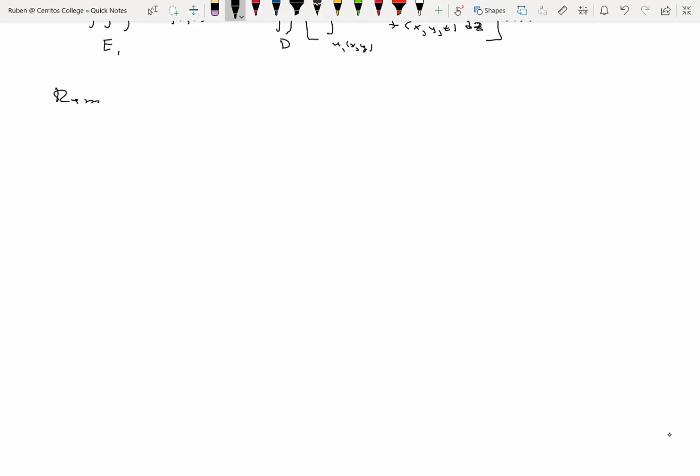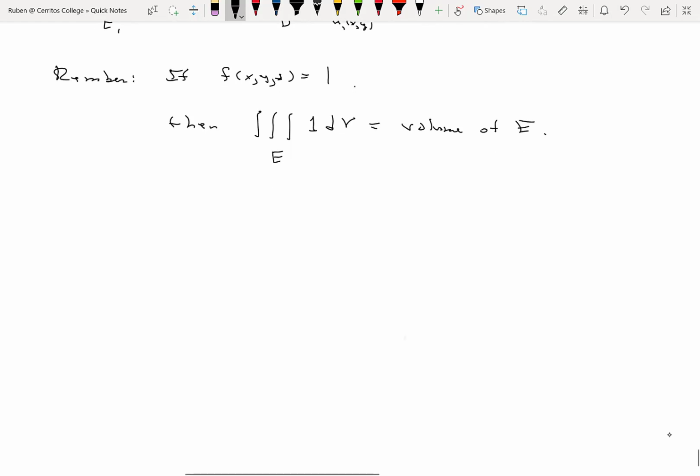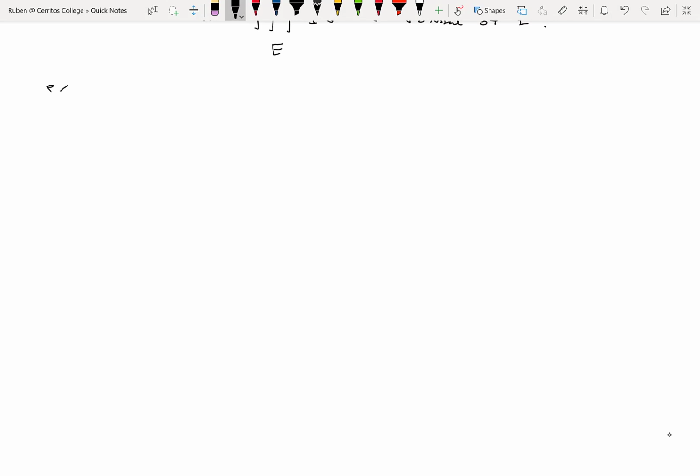Remember that if f of x, y, z equals 1, if we choose the function to equal 1, then the triple integral of that function dV over whatever region E we're integrating over is equal to the volume of E. So you can pretty much guess what we're going to look at for our example. It's going to be a volume example. So for example, find the volume.